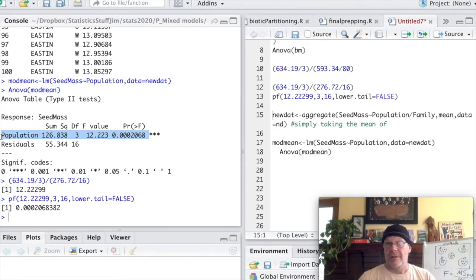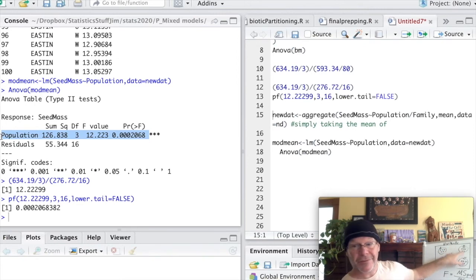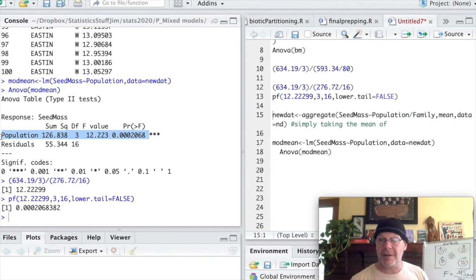And so this is just another way of reminding ourselves that that's all nesting is. It would not be worth your while if you were to do this sampling design and say, we're going to take 5 families, but let's take 100 seeds from 5 families. Because at the end of the day, you still only have 5 experimental replicates.